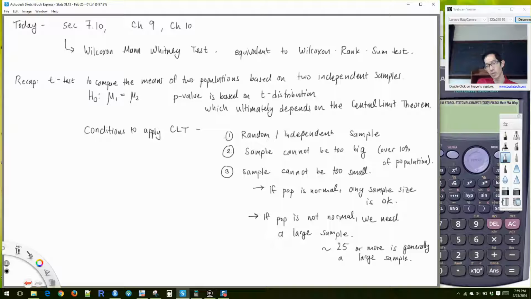It doesn't really tell us what to do if 1 or 2 is violated. Okay, and actually there's not a whole bunch of statistics you can do if condition 1 is violated. So if you don't have a random or independent sample, like you're just surveying your friends to try to make conclusions, you're not going to be able to do much. Okay, so if somebody releases some kind of survey results taken from an internet poll, there's not really much you can do with that.